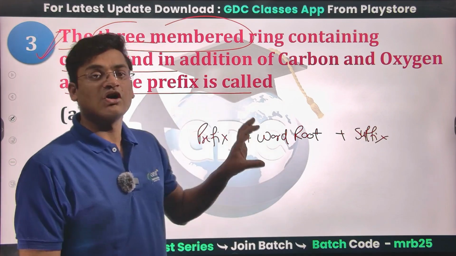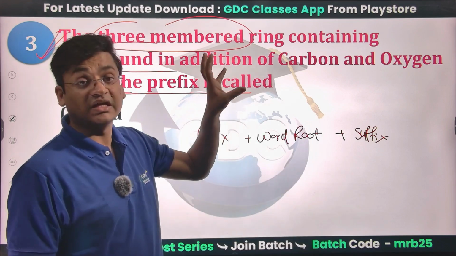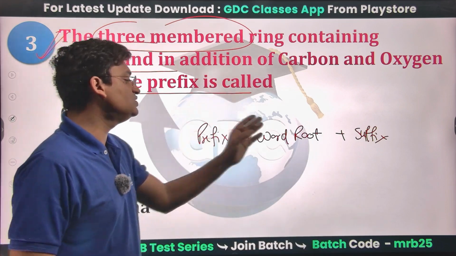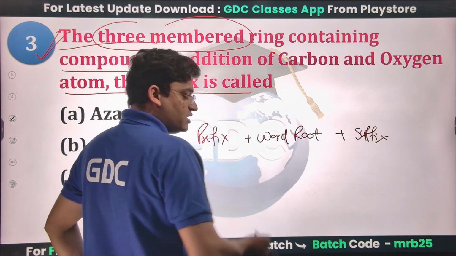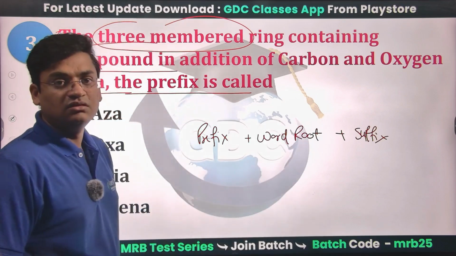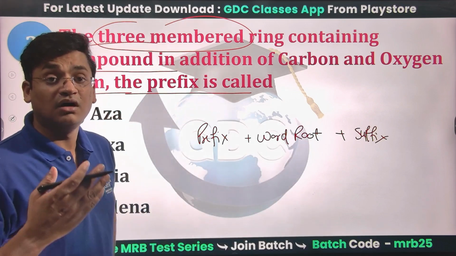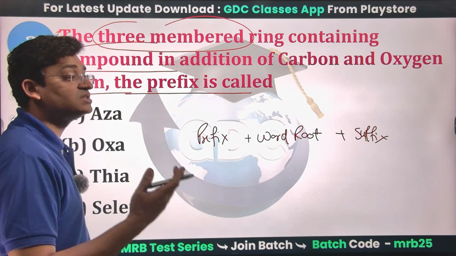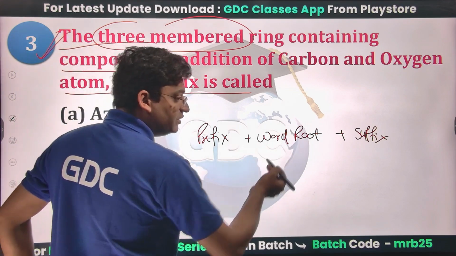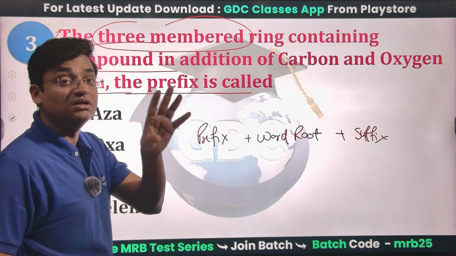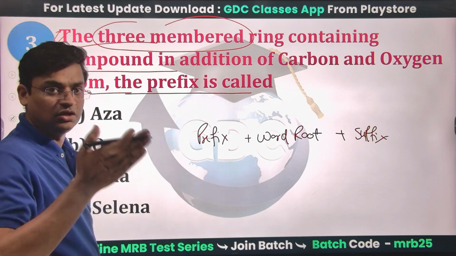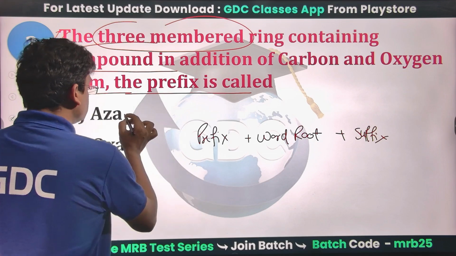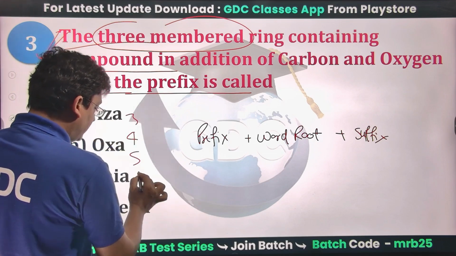But in the case of Hantzsch-Widman nomenclature, for heterocyclic compounds, there are some specific things. In the case of the word root, it depends on the ring structure: what is the size of your ring? So the word root comes from the ring size. The lowest ring size is 3-member, then 4-member, 5 and 6-member.